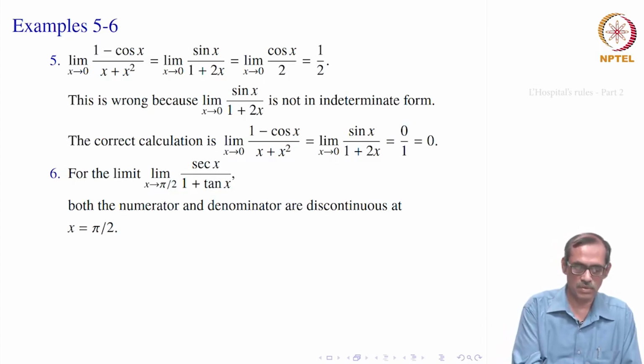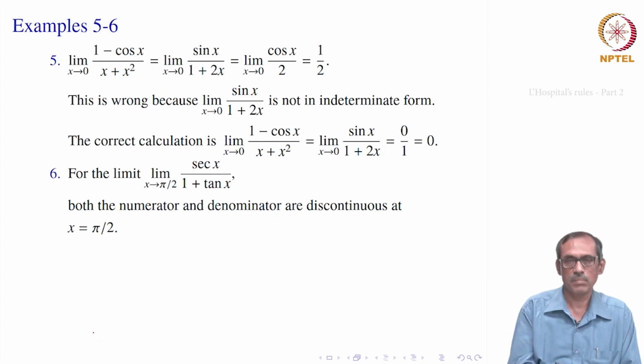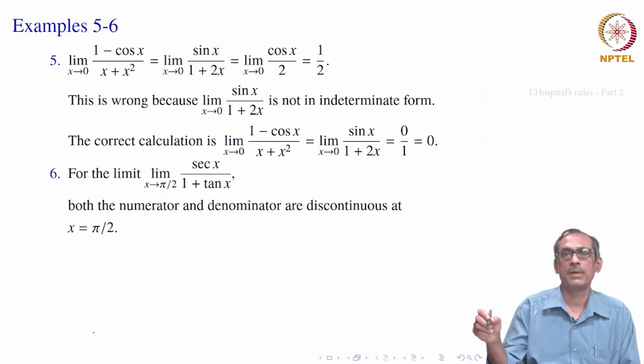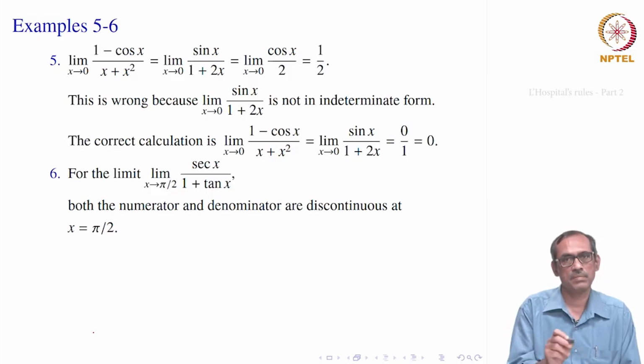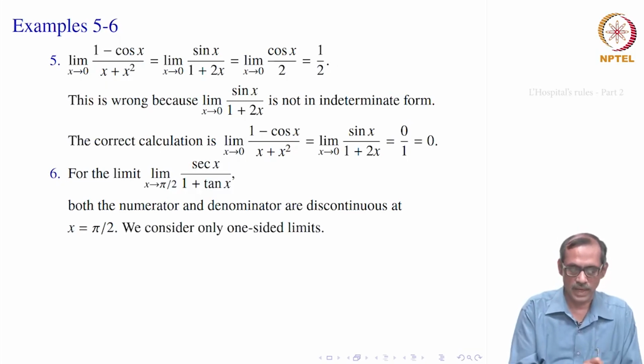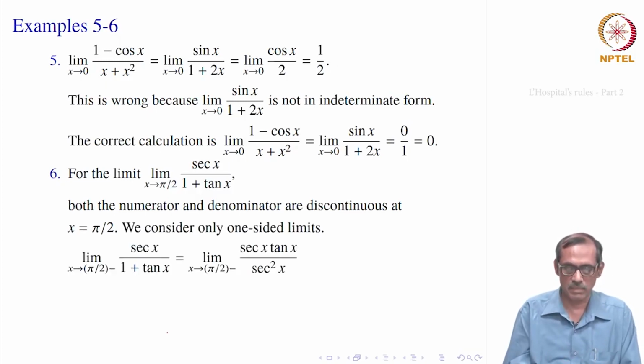Pi by 2 minus is easy to see, but we have to see also pi by 2 plus, from the other interval, that is from pi by 2 to pi by 2 plus delta, and on the left side we have pi by 2 minus delta to pi by 2. Both the things we have to consider separately, we cannot consider at a time because it is not continuous there. So, let us take the one sided limits.